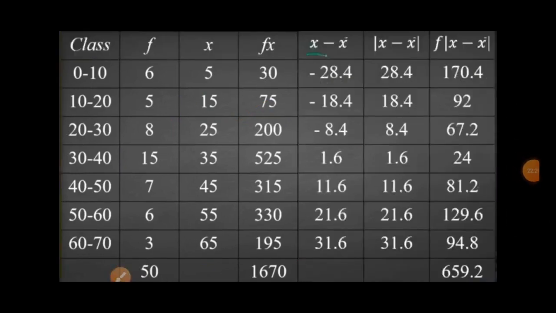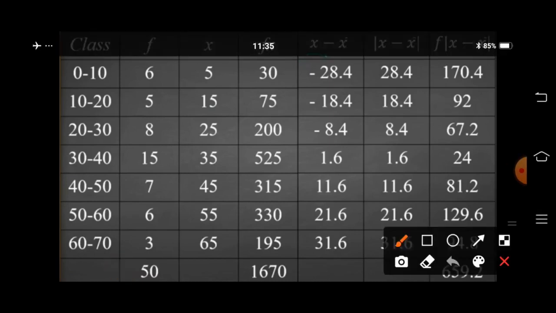Now for finding the mean deviation and coefficient of mean deviation we need more columns, as we have done in previous sums: x minus x bar, then absolute value of x minus x bar, then f into absolute value of x minus x bar. You know how to calculate.